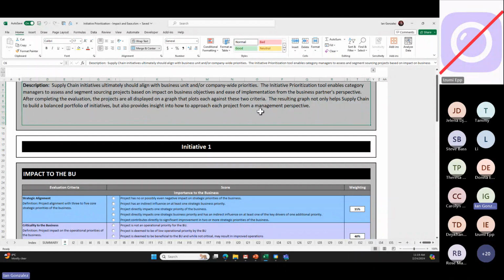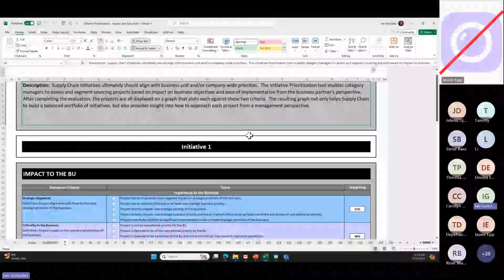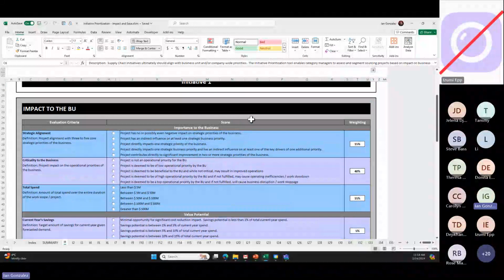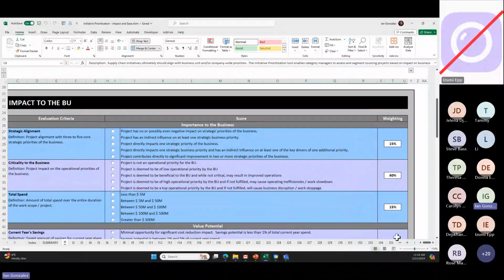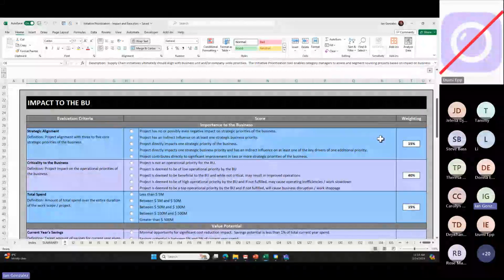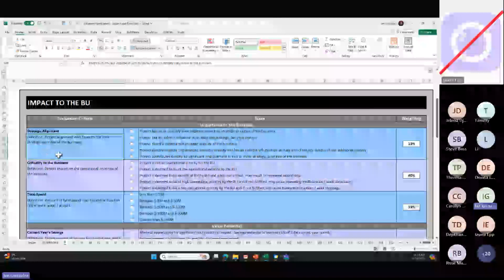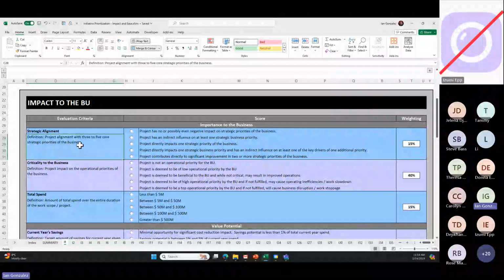So let's do it for initiative 1. It's very easy. I'll zoom in so you can see better. It's a survey form. The first one, rated 15% over here, is strategic alignment. So the project's alignment with 3 to 5 core strategic priorities of the business.